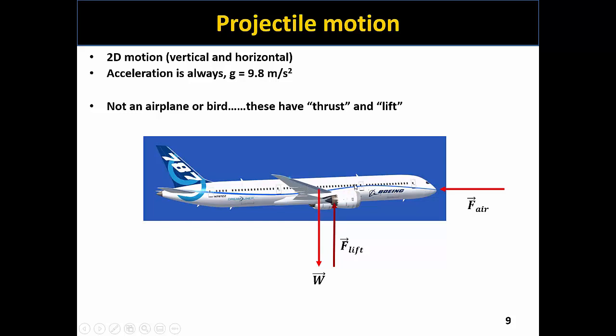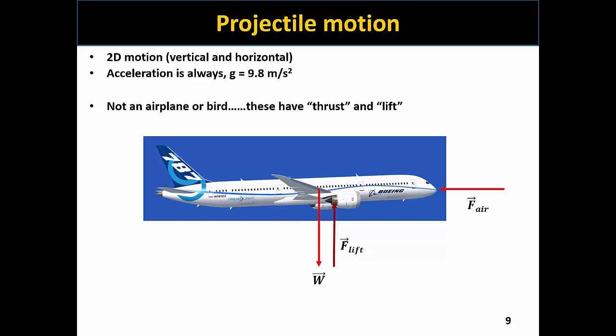So as this airplane moves through a fluid environment, and that fluid environment is the air, and that air is made up of molecules that slam up against the airplane and apply a force in the opposite direction. Sometimes that's referred to as the drag force of a fluid, be it a liquid or a gas.